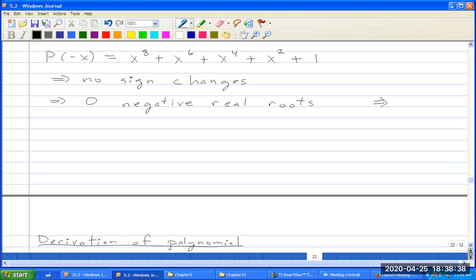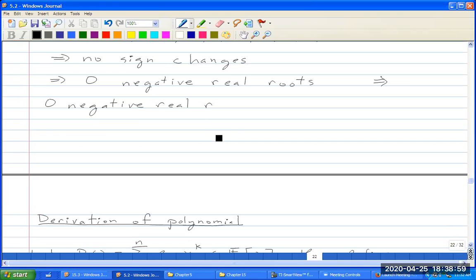So there are 0 positive roots, 0 negative real roots. There is 1 root equaling 0.